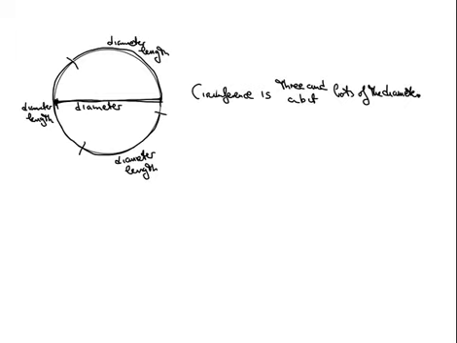That's a very lengthy way of saying that the circumference is 3 and a bit, just a bit more than 3. That's the number pi, and the diameter. 3 and a bit lots of the diameter.